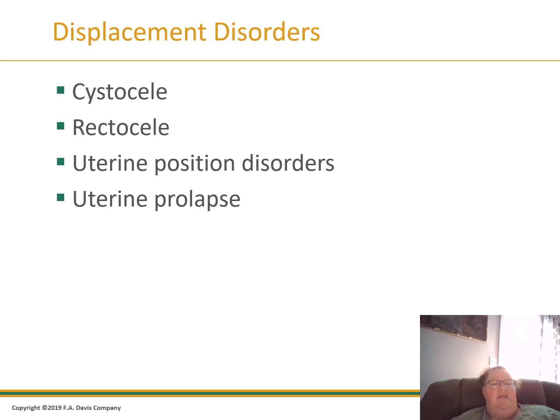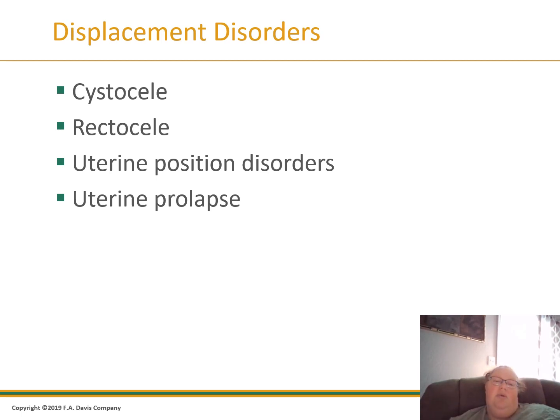Displacement disorders include cystocele, which is when the bladder is coming through the wall of the vagina, not the uterus. A rectocele is when the rectum is coming through the wall of the vagina as a bulge. Uterine position disorders, such as a tilted uterus, make it difficult to get pregnant, but there are certain positions that make it a little bit easier.